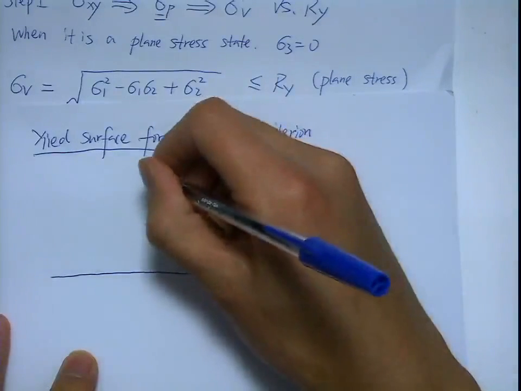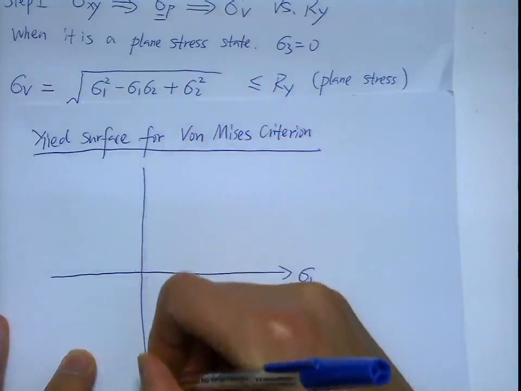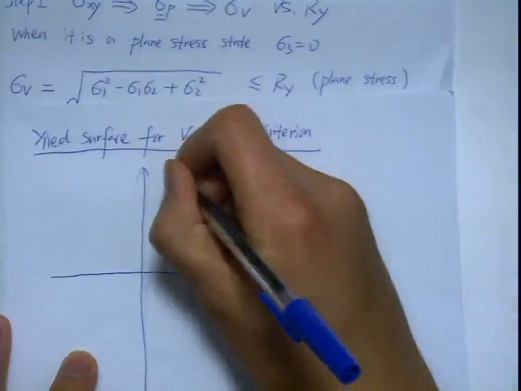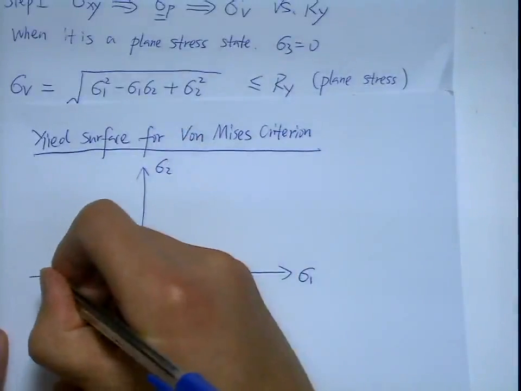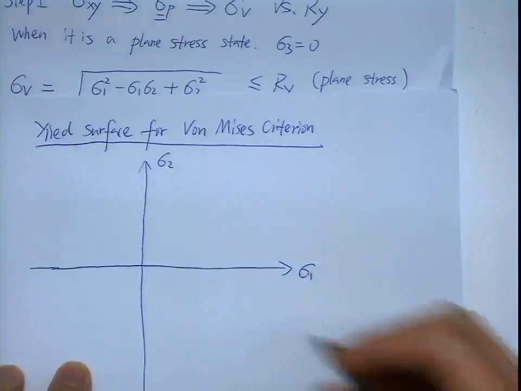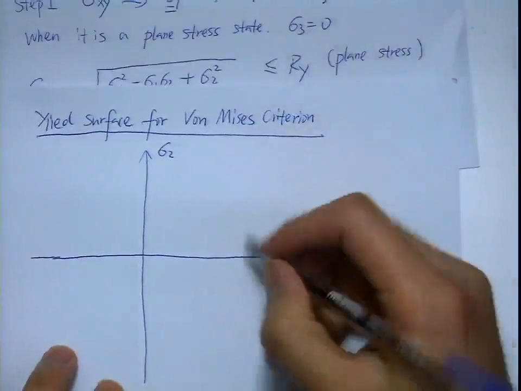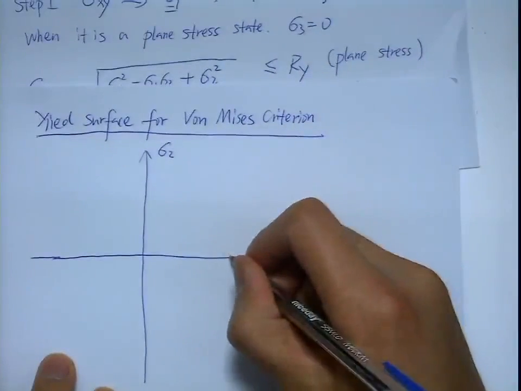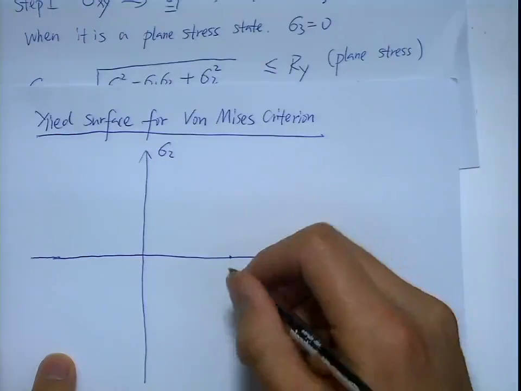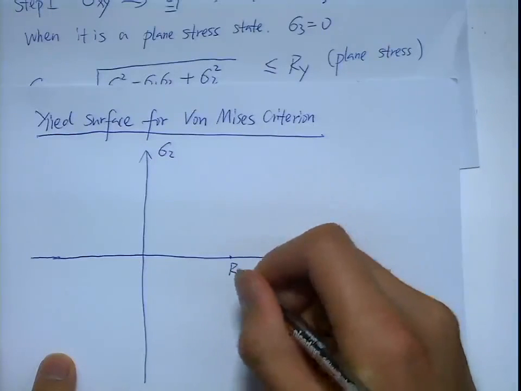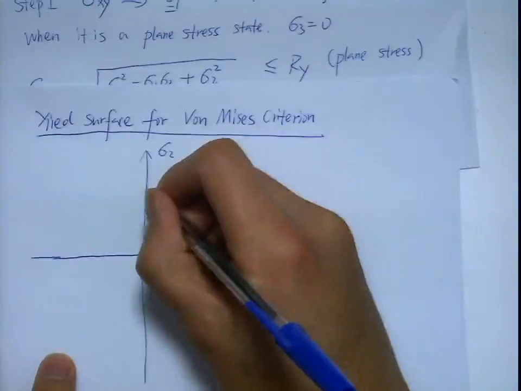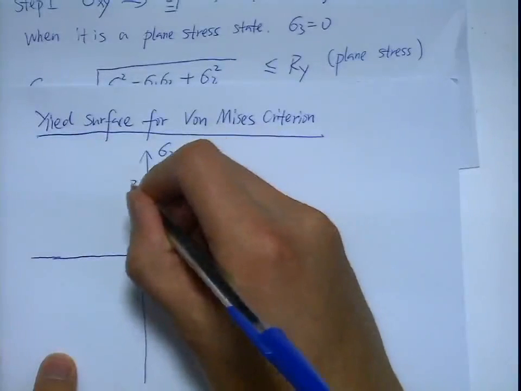You first of all draw two axes, and the easiest thing I normally do is draw both of them, Tresca and Von Mises.